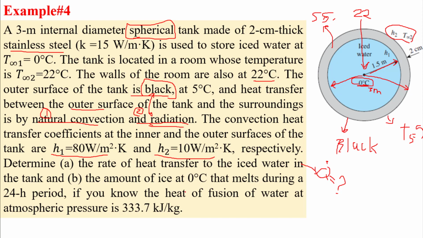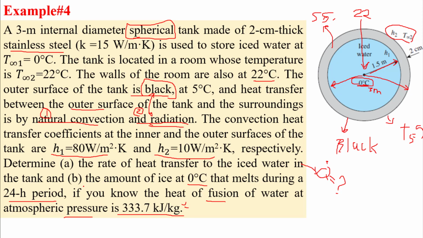And the amount of ice at 0 degrees Celsius that melts during a 24-hour period. If you know the heat of fusion of water at atmospheric pressure is 333.7 kilojoule per kilogram. So we'll come to this part when we solve the first part.